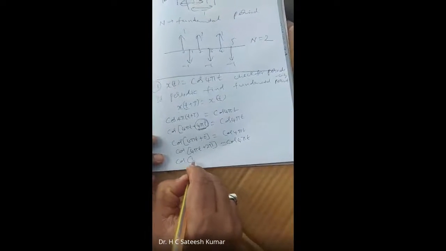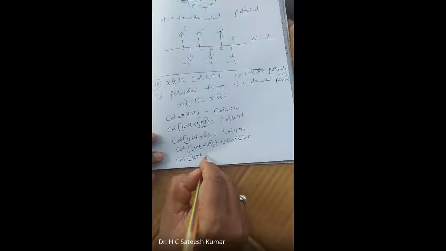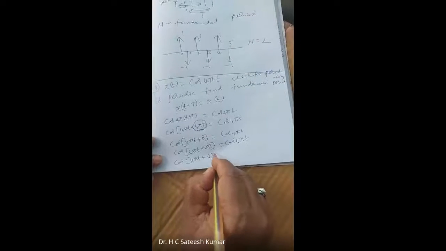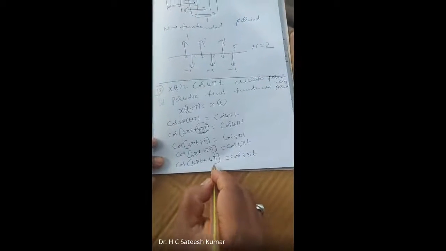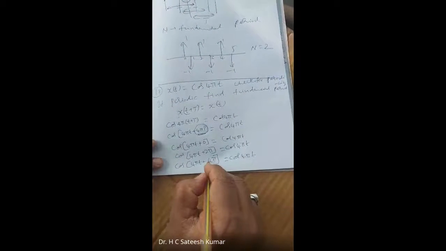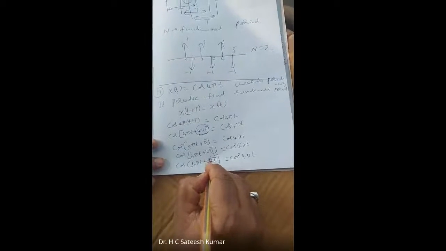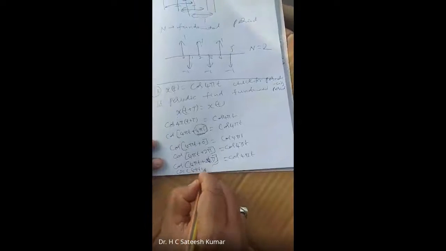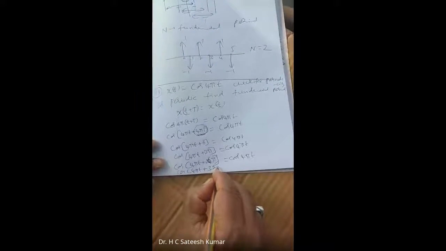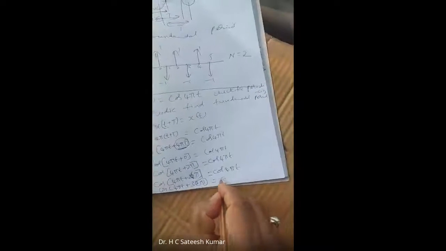Cos of 4 pi t plus 4 pi, that is 720, is also cos 4 pi t. So this 4 pi can be written as 2 into 2 pi. So cos of 4 pi t plus 3 into 2 pi is also cos 4 pi t.